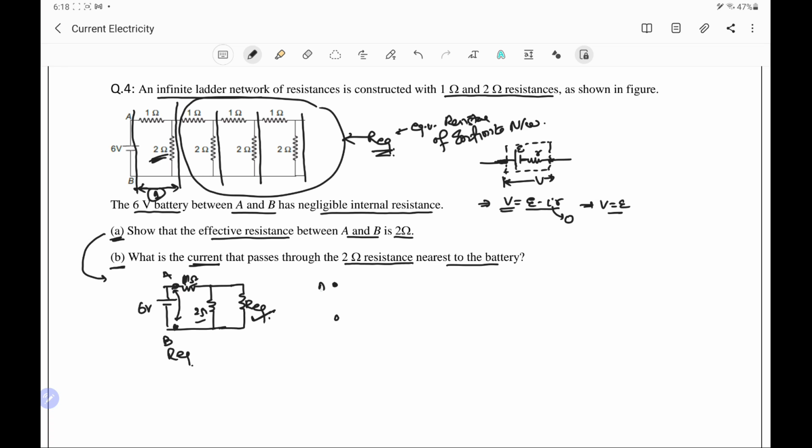Between the terminals A and B, there is a 1 ohm resistor which is in series.